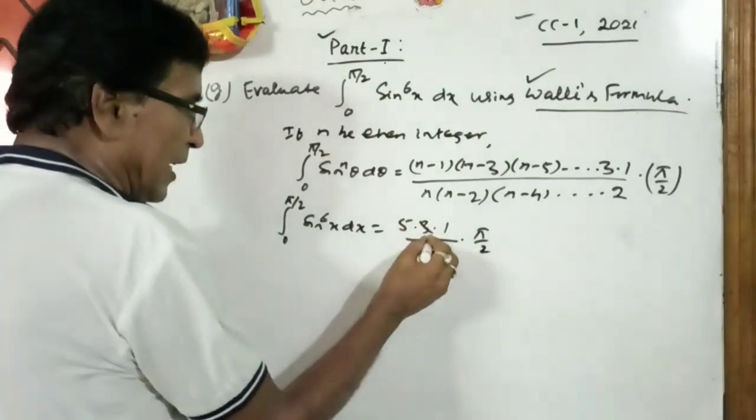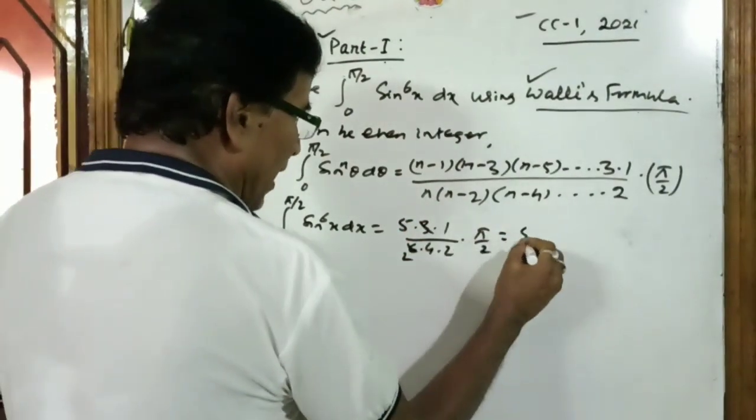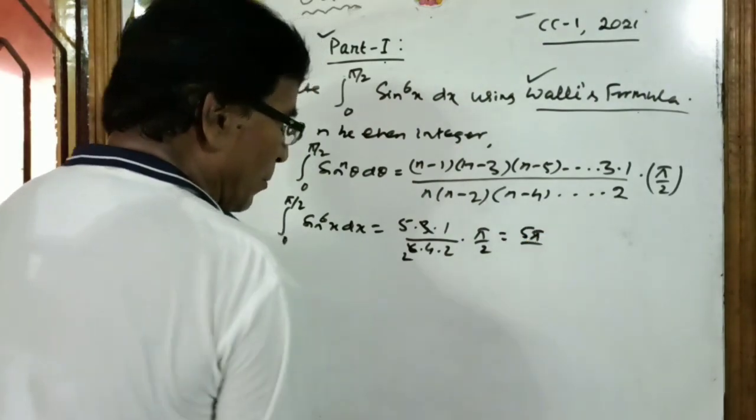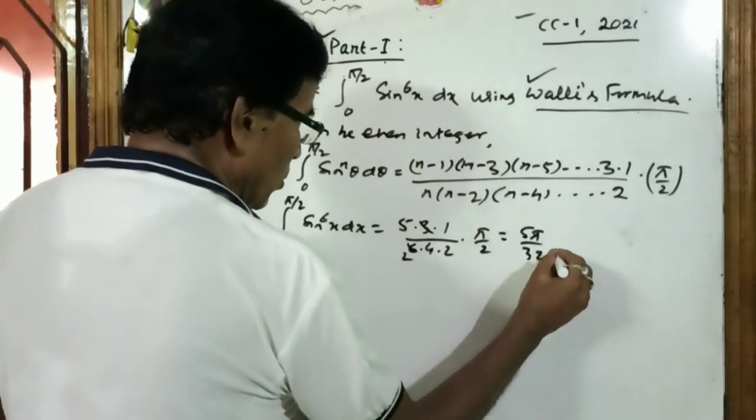Now 3 and this 6 will cancel, here it is 2, so it is equal to 5 pi divided by 4 into 8, that is 32. So the answer is 5 pi by 32.